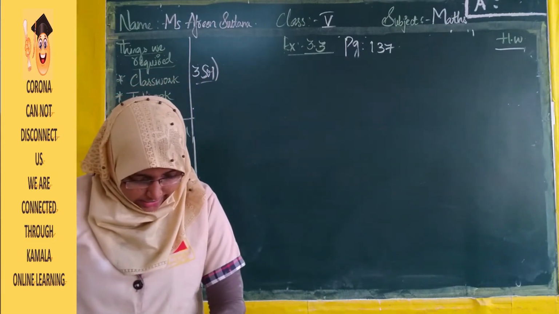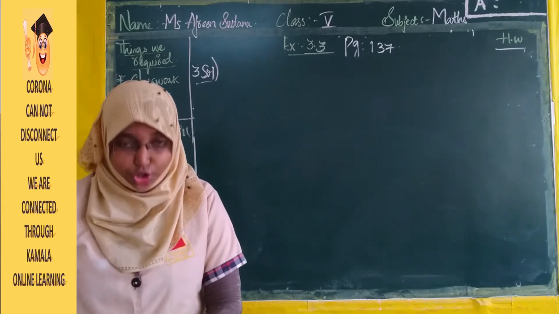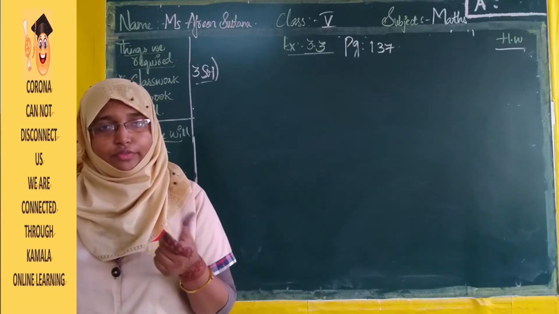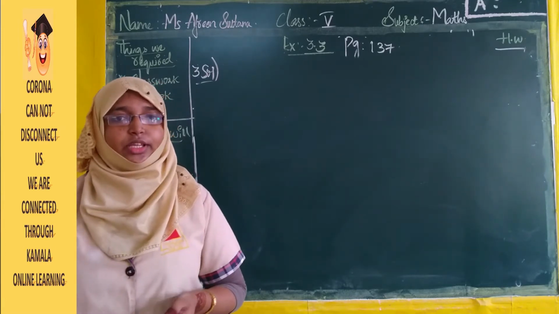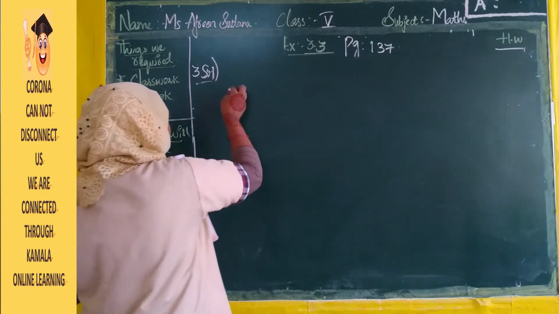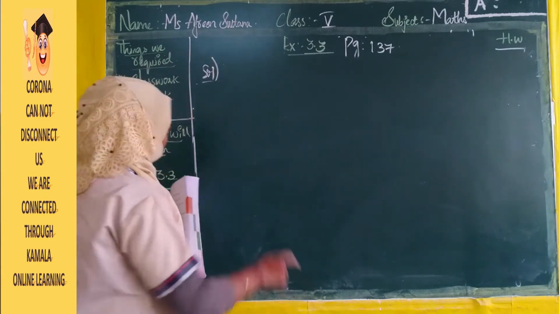So firstly, gallons of water pumped in the month of May, gallons of water pumped in the month of June. Those two values we are going to add up. That much gallons of water has been pumped in these 2 months. So firstly let us write fourth one. I hope you have written your question.